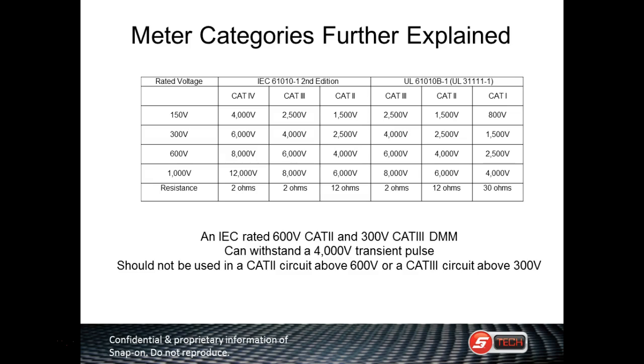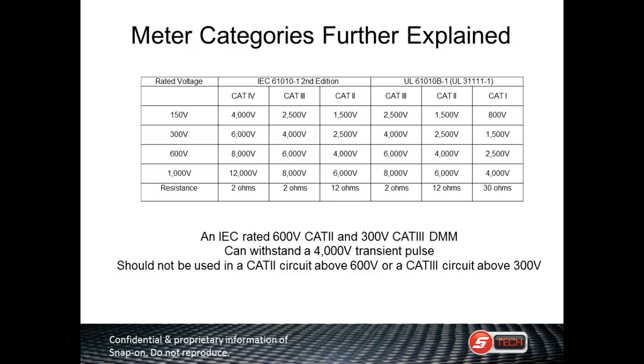A Cat 2 meter rated at 600 volts could only handle a surge of 4,000 volts. A Cat 3 meter could handle 6,000 volts. A Cat 4 meter could handle 8,000 volts. So if it's got a 1,000 volt rating, this is what they're going to rate right there. So 600 volts, I've got a Cat 3.